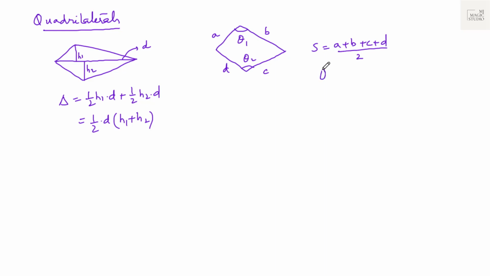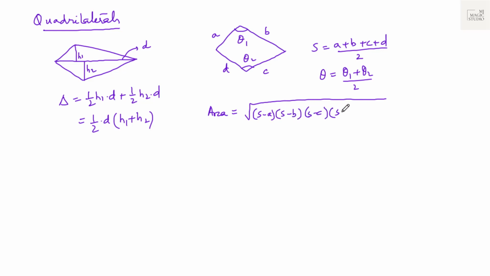And find the semi-angle of the two angles which we know: theta is theta 1 plus theta 2 by 2. Then the area of this quadrilateral is given in the same sense as Heron's formula for the triangle. Root over, it starts with s minus a into s minus b into s minus c into s minus d, minus a into b into c into d into cos square theta.